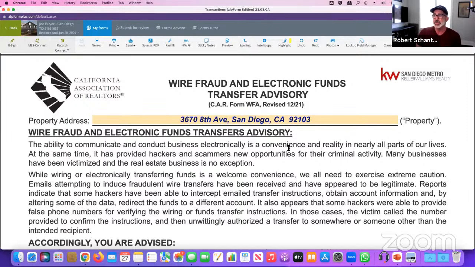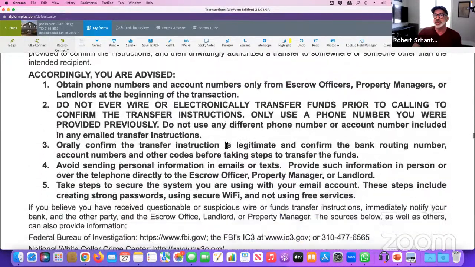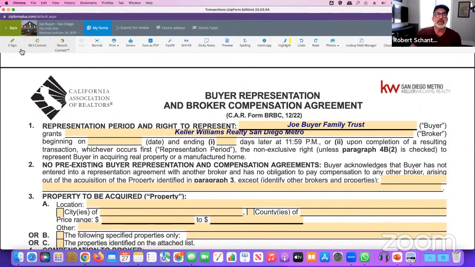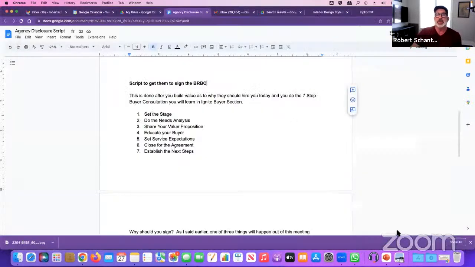Keller Williams spends extra on security. So that's my little beef about people who want to use their Hotmail or Yahoo address. It doesn't look professional, but it's really about security in your transactions. Okay, and then this is the BRBC, which we won't go into right now. This is where it's going to start. Okay.